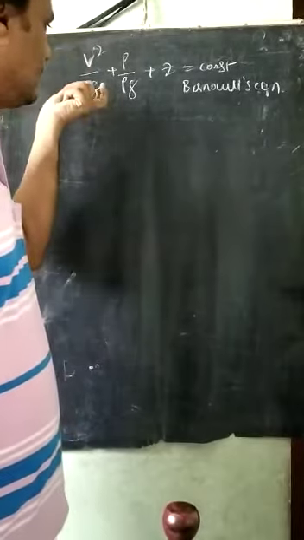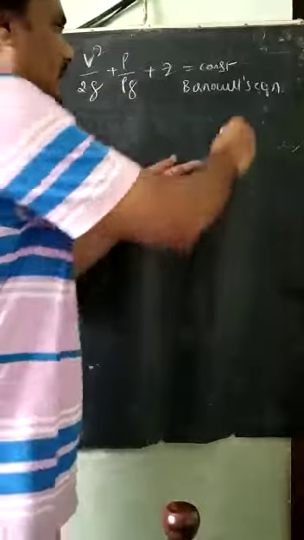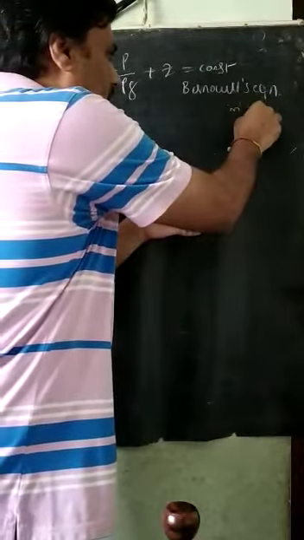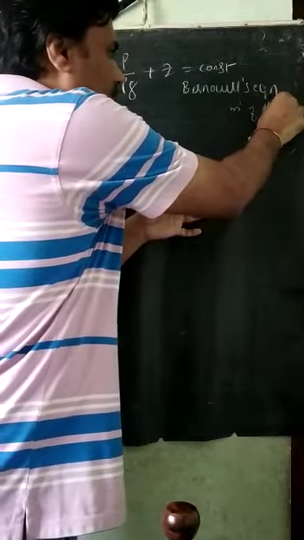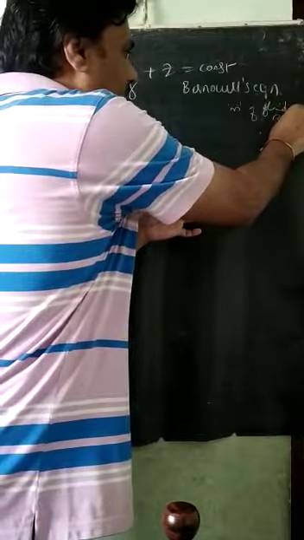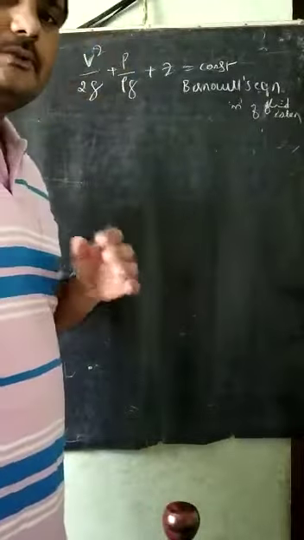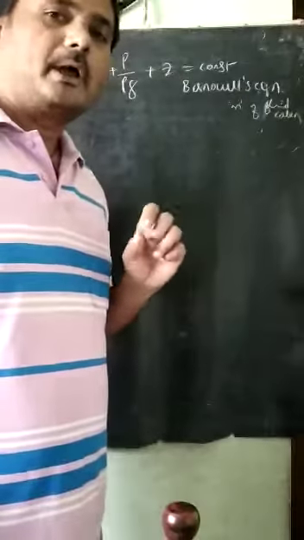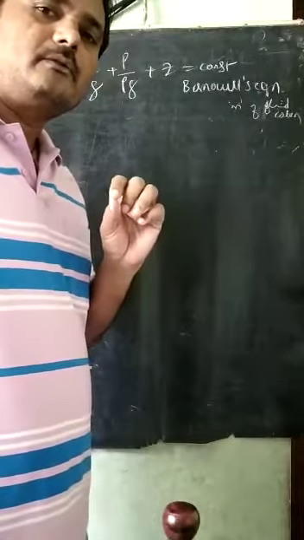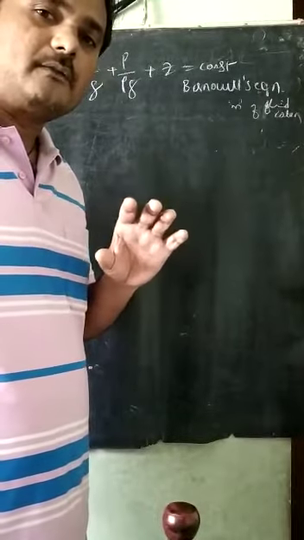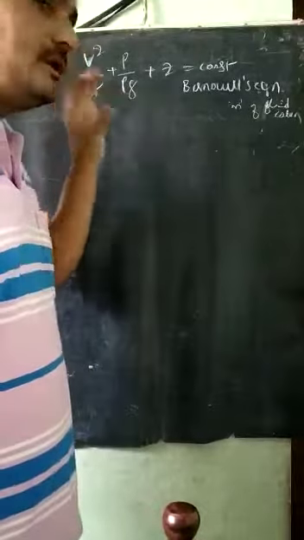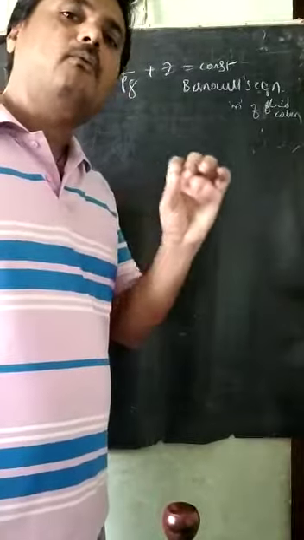The unit of all these heads is in terms of meters of that fluid column. What do we mean by fluid column? For example, if the fluid is flowing in a pipe and the water is there, then the unit of each head will be meters of water.